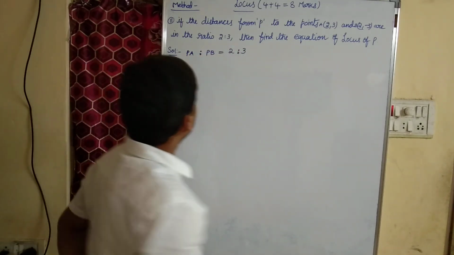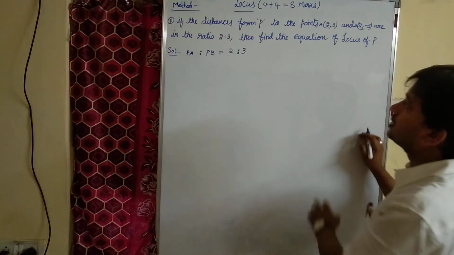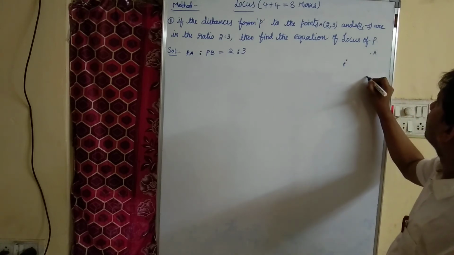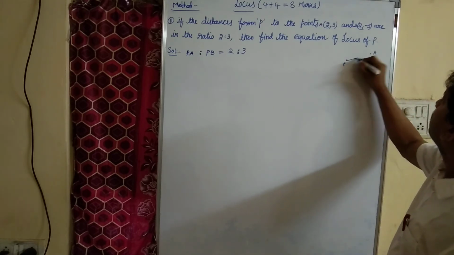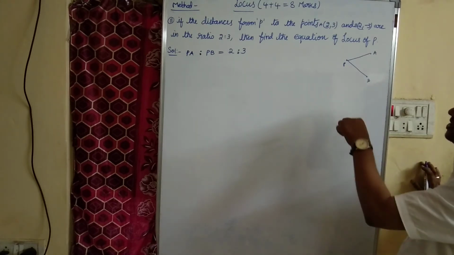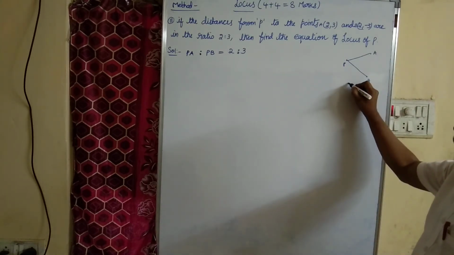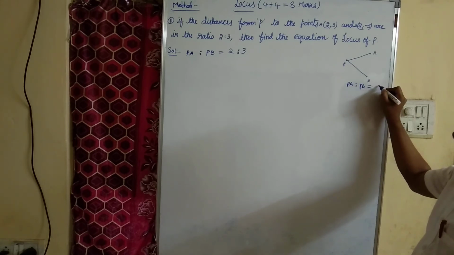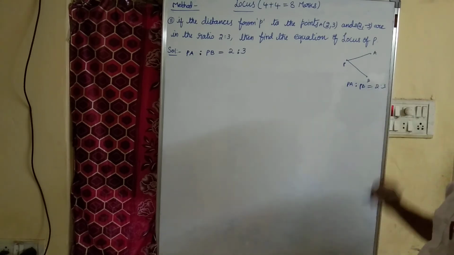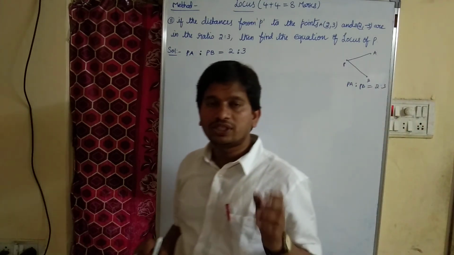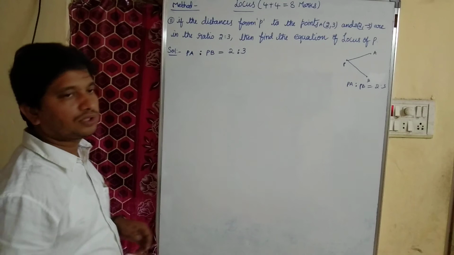Children, are you understanding? If the distances from P to A and P to B are in the ratio, ratio means PA is to PB is 2:3. The distance between P and A is to the distance between P and B as 2:3.